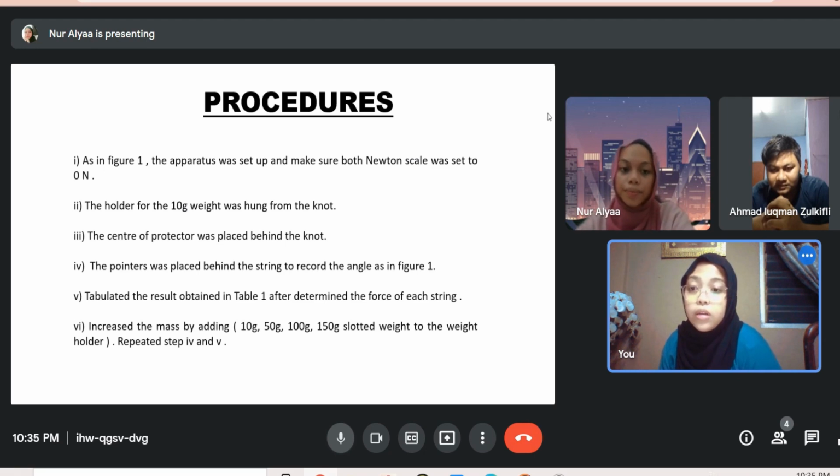Step 4, the pointers were placed behind the string to record the angle as in figure 1. Step 5, tabulate the result obtained in table 1 after determining the force of each string. Lastly, increase the mass by adding 10 gram, 50 gram, 100 gram, 150 gram slotted weight to the weight holder. Repeat step 4 and step 5.